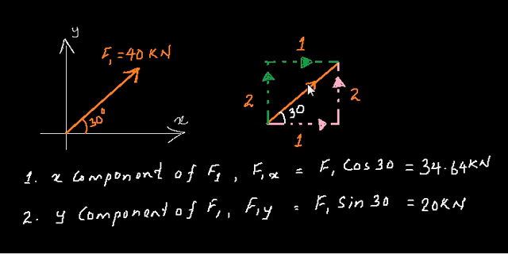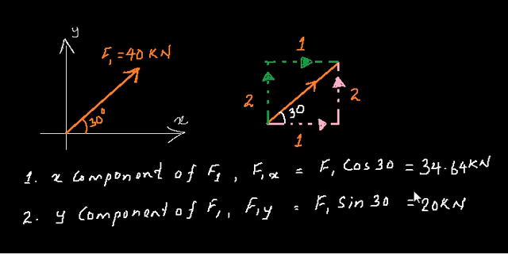So in this figure, the x component of the force is 1, that is x component of force F1, F1x is F1 cos 30, which is 40 into cos 30, 34.64 kilonewton, and the y component shown as 2 is F1 sin 30, that is 20 kilonewton. You can check it by yourself.